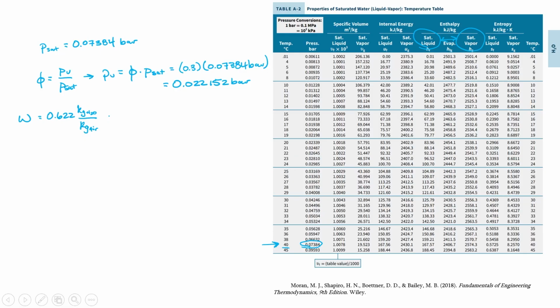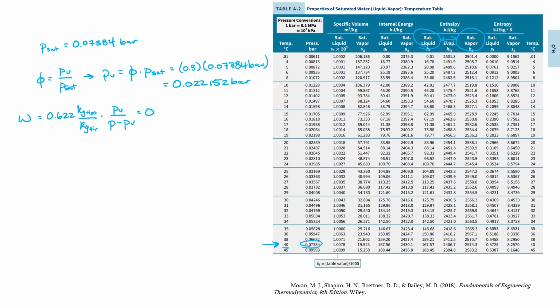Those are the units that just came out of my derivation, because this was kilograms per mole divided by kilograms per mole. So I have this times my PV divided by my pressure minus my PV.